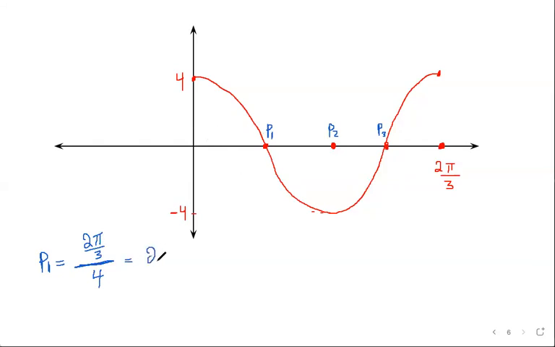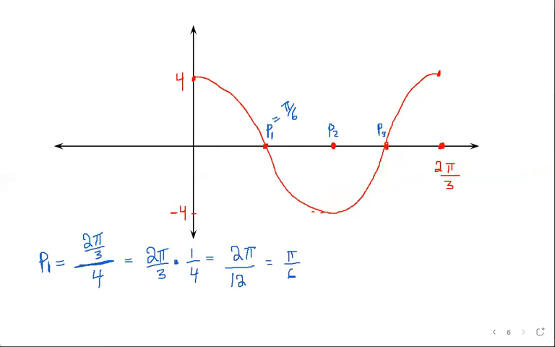This is 2 pi over 3 times 1 over 4, which equals 2 pi over 12, and this is pi over 6. So this point is pi over 6.